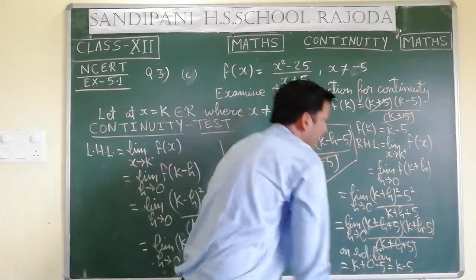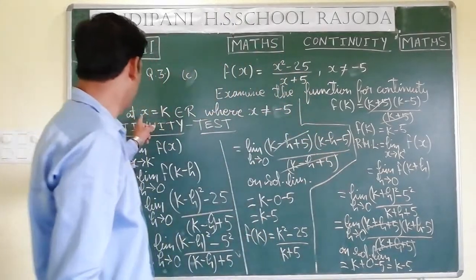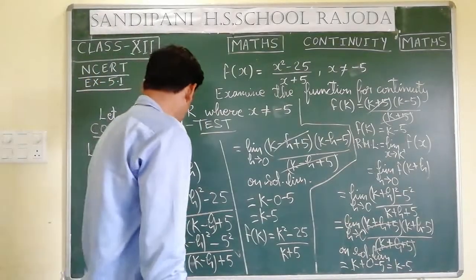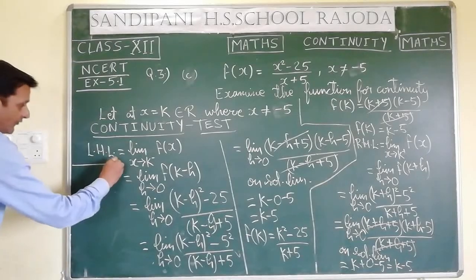So we can say that for x is equal to k, which is an element of R, the function is continuous.